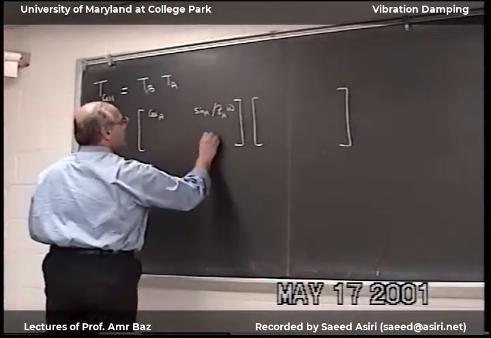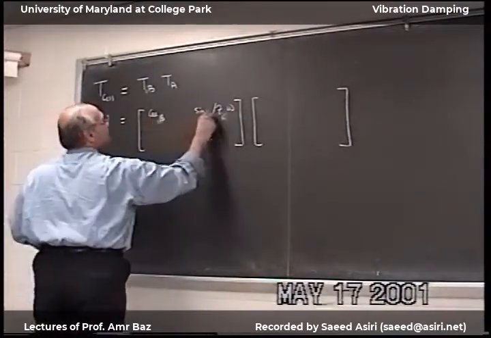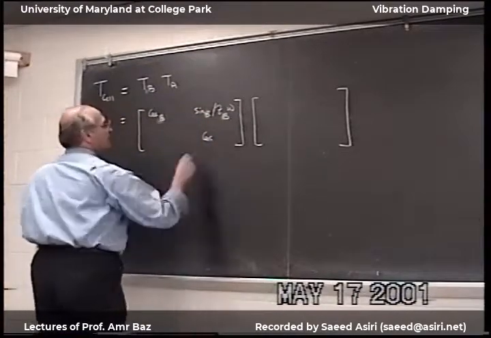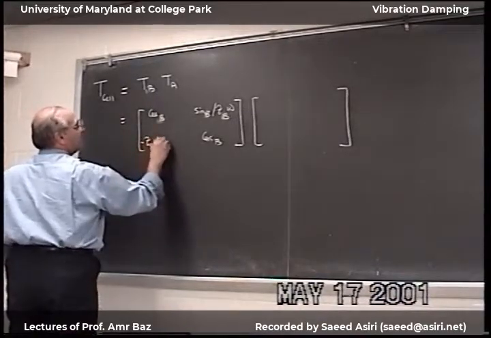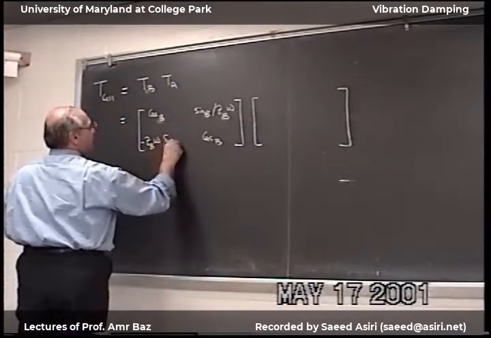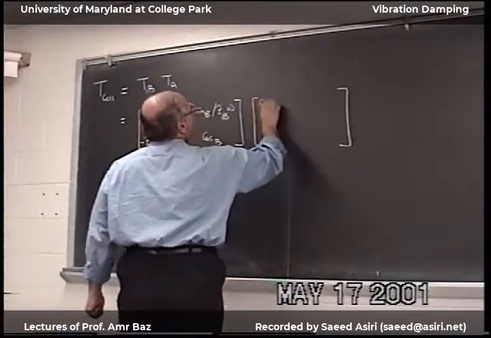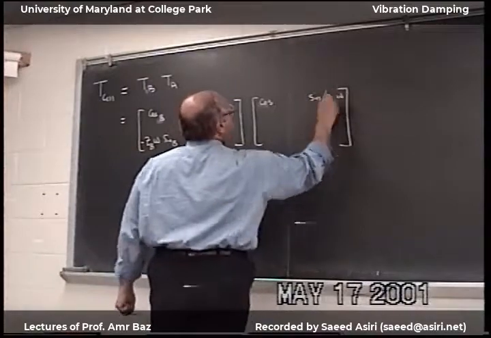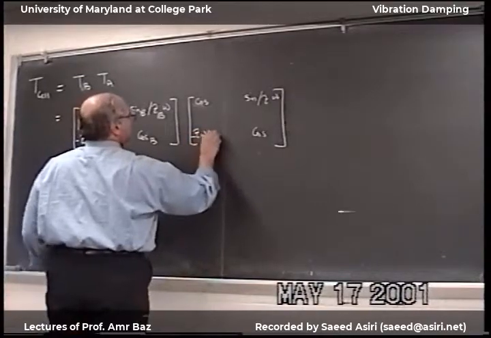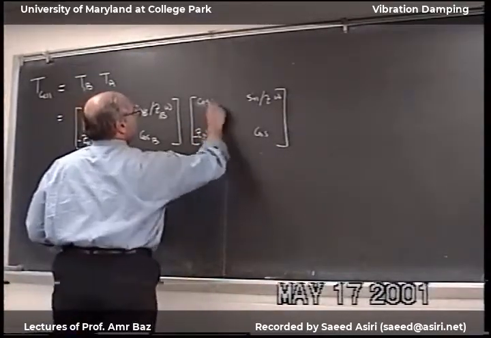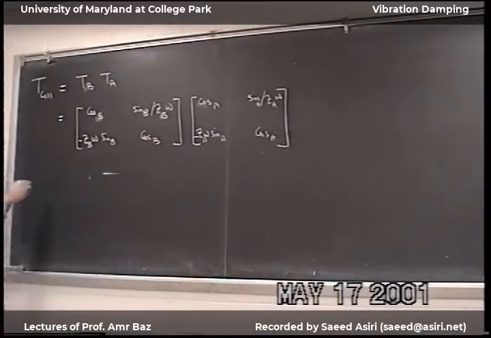And then cosine B, minus ZB omega sine B. And here sine, and these are all A and B. And I'm going to get only two terms out of all this.